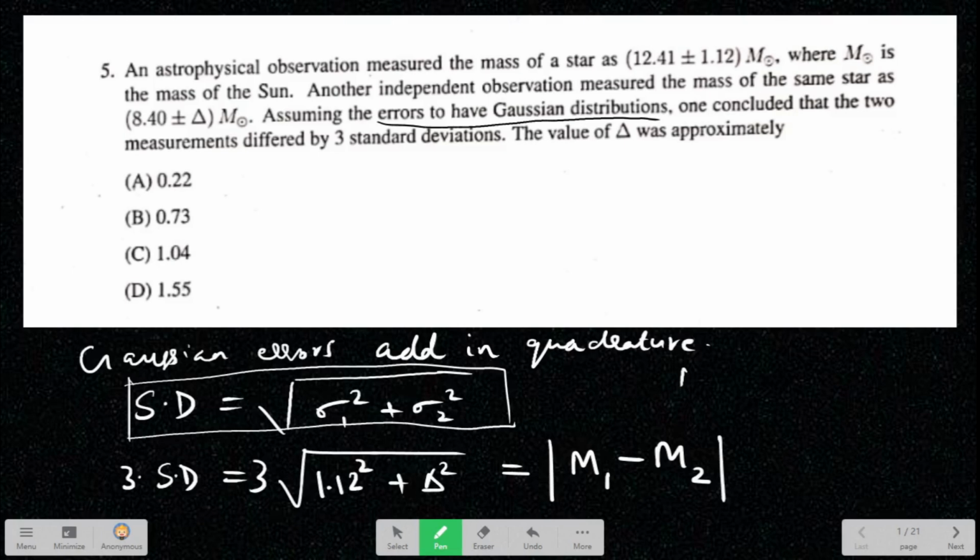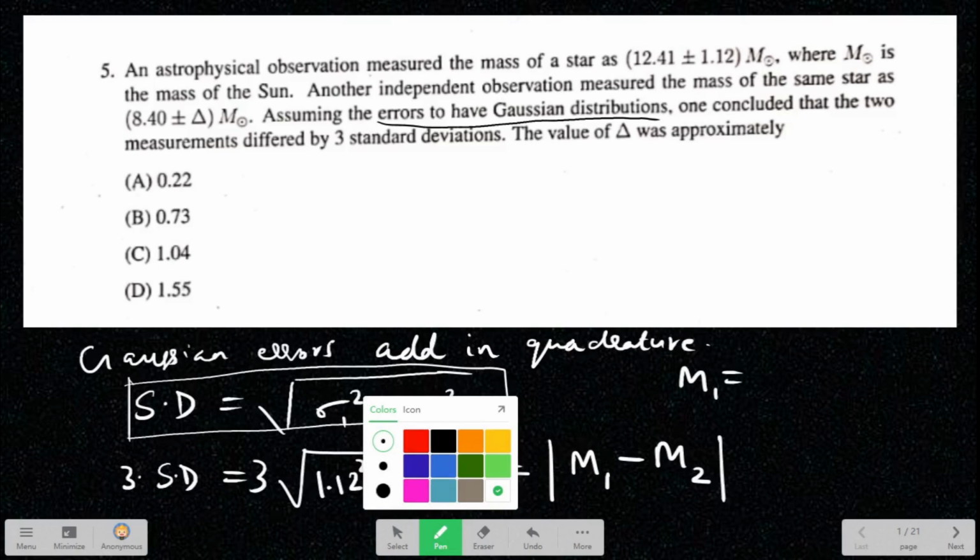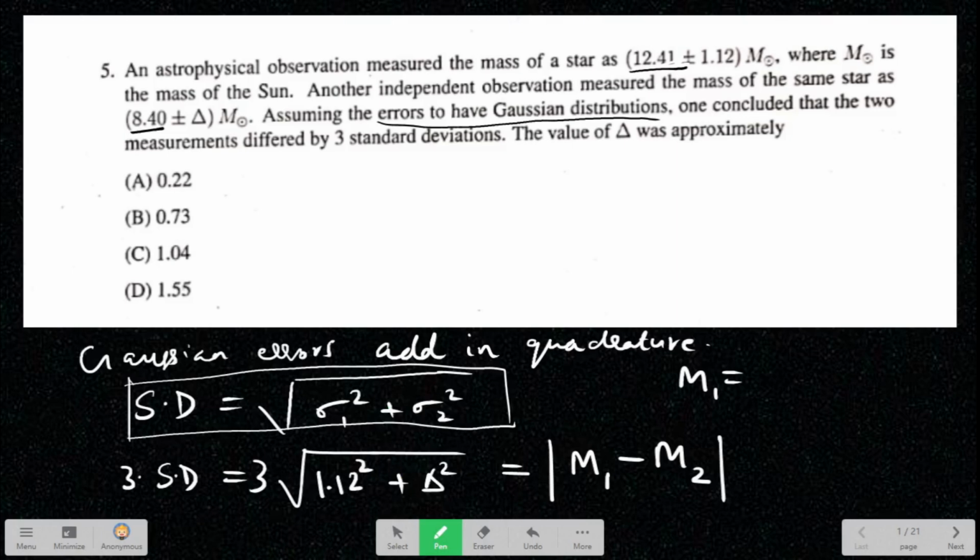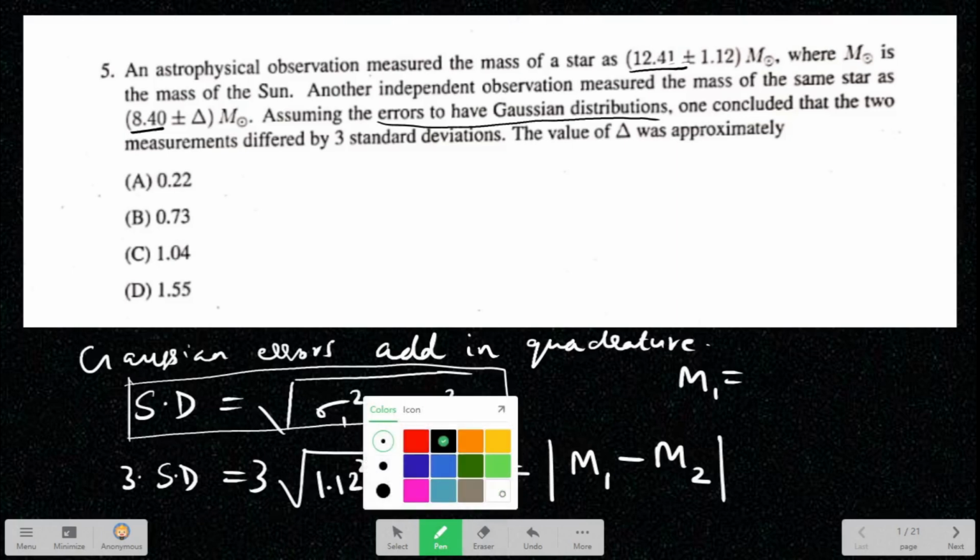Now m1 is 12.41. Here you can see m1 is 12.41 and m2 is 8.40. So if you substitute that here, m1 minus m2 modulus is 4.01.